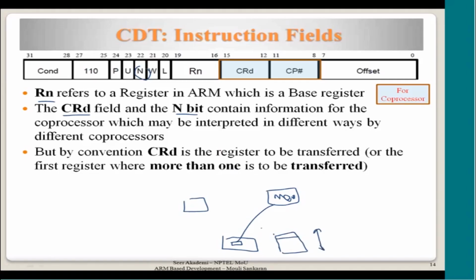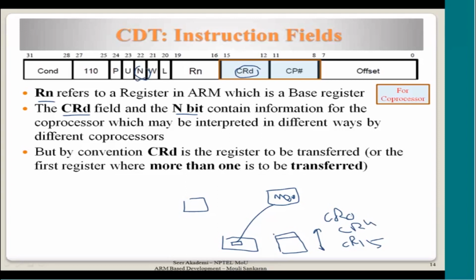Again, it is an implementation difference. CRd, CR0 to CR15. The coprocessor has 15 registers, and then here you mention that the transfer has to happen from, suppose, CR4. Then you say that it is a multiple transfer. The N bit is set, then multiple transfer.